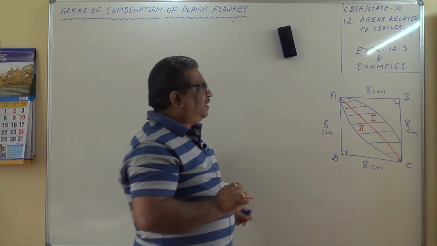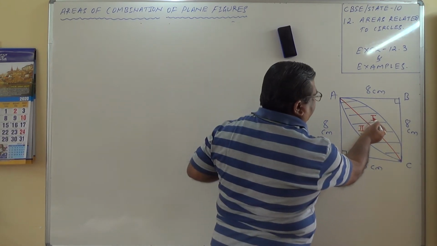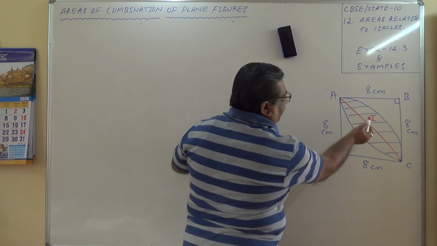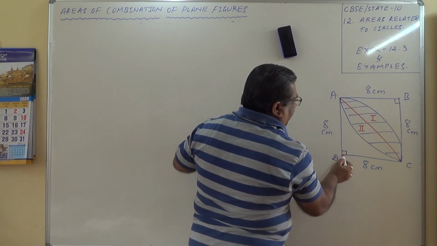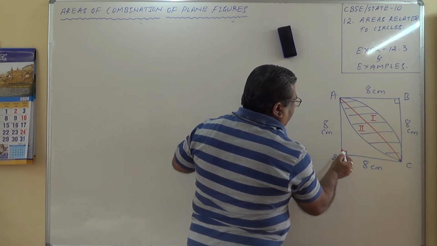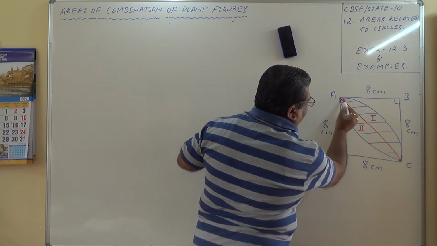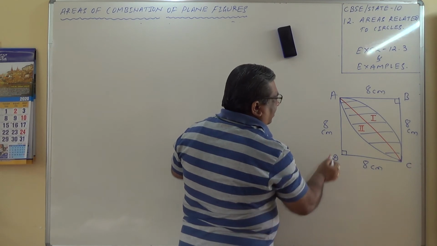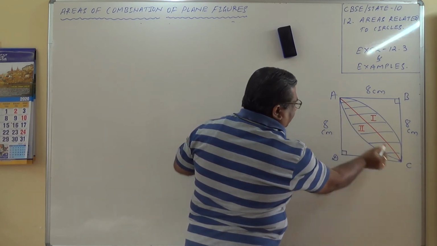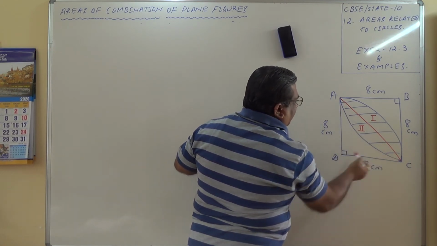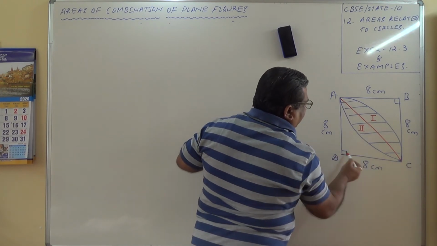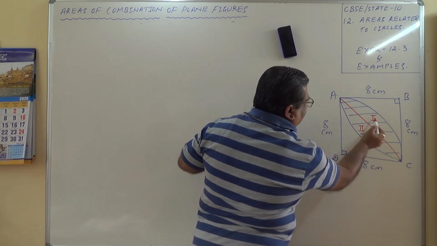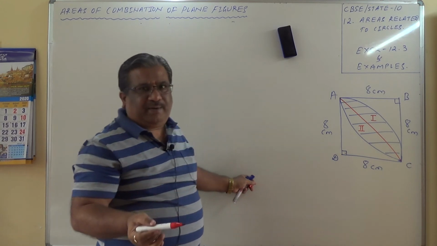Now very important here, how do you find the area of this region 1? See here, area of region 1 is equal to area of the quadrant DAC, this quadrant, minus area of the triangle DAC, this one. So area of the quadrant minus area of the triangle gives me the area of the shaded region 1.